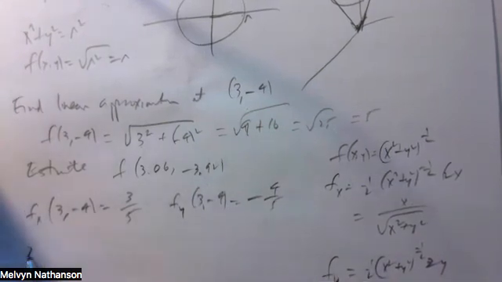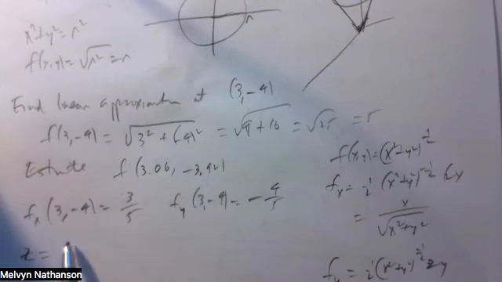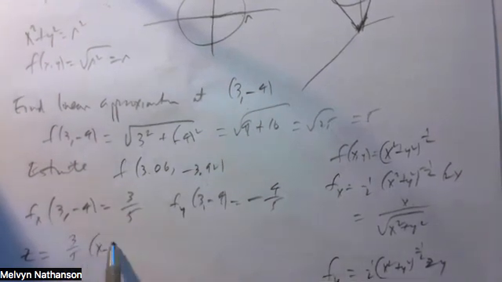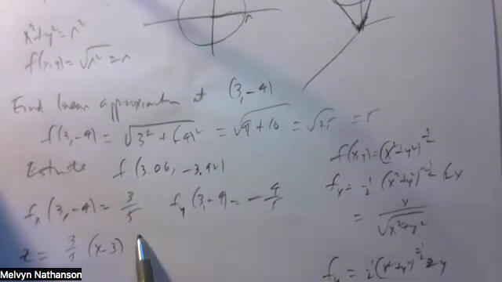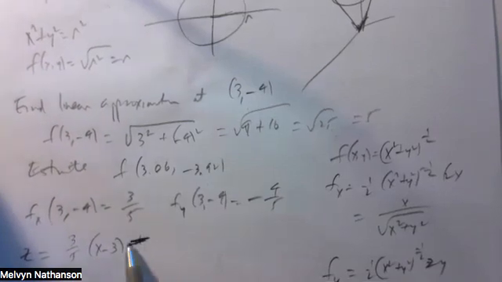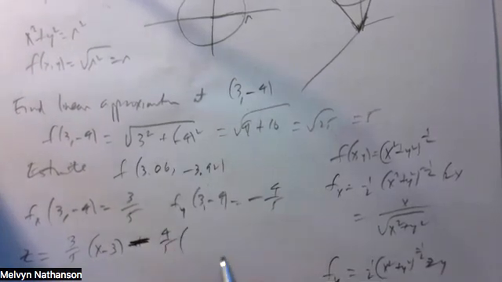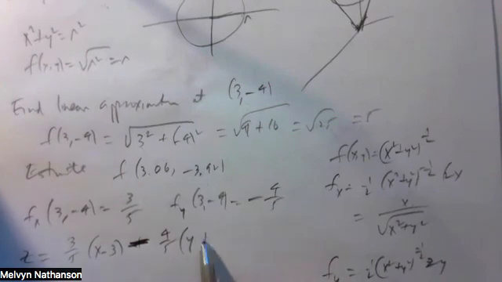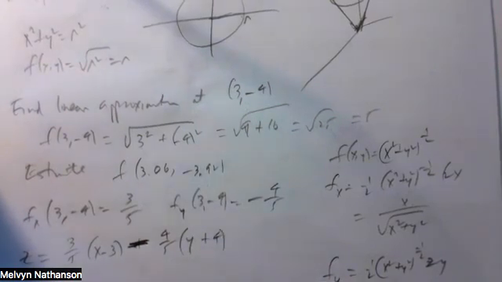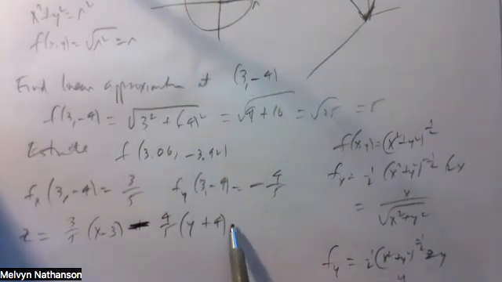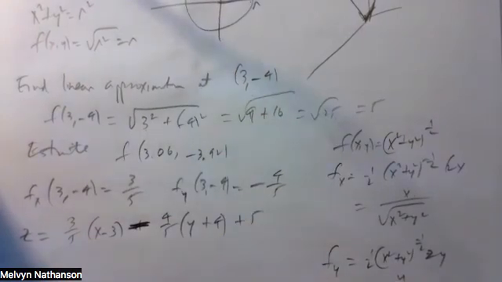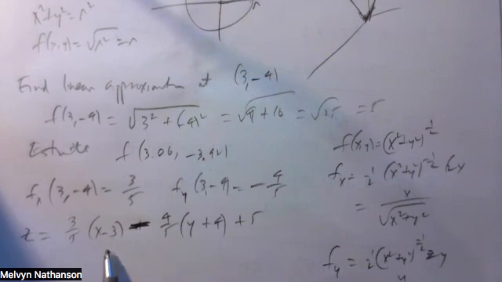So the tangent plane z is 3/5 times x minus 3, minus 4/5 times y plus 4, plus f at 3, minus 4, which is 5. So this is my linear approximation to f.